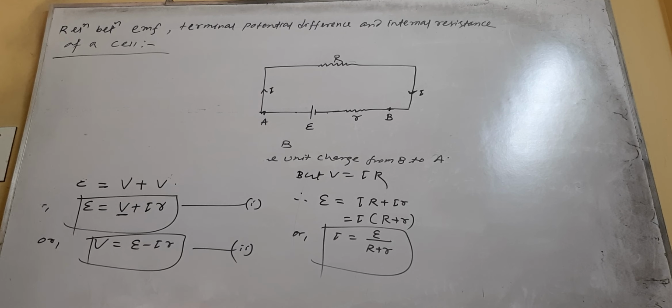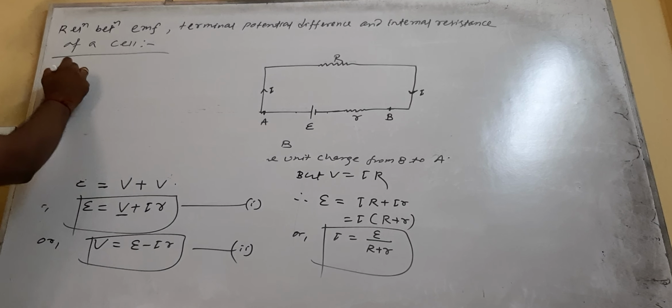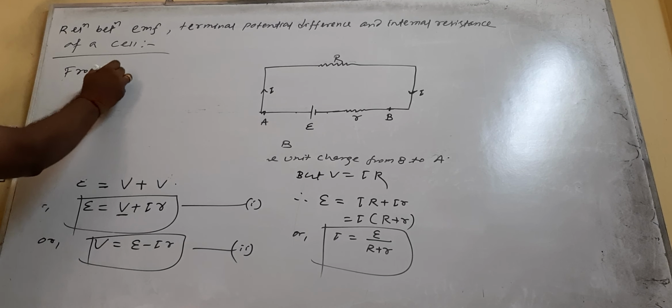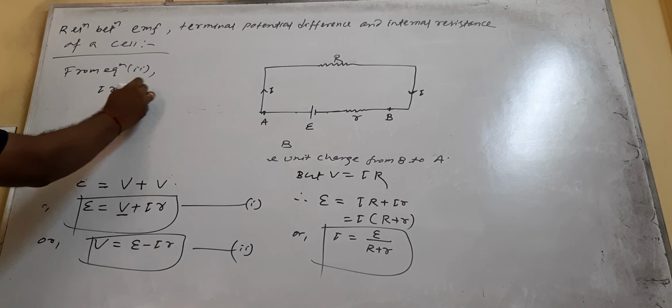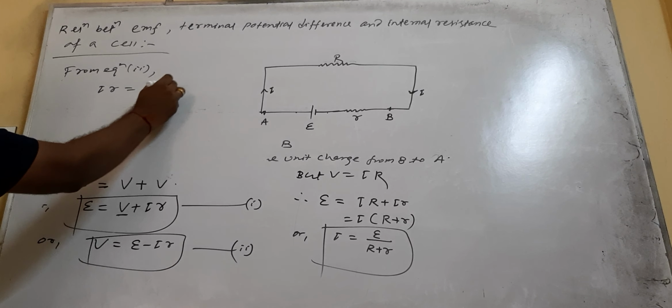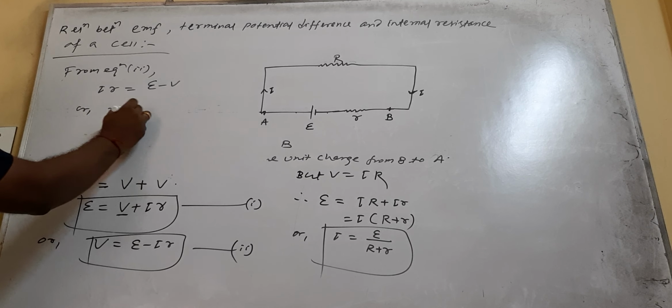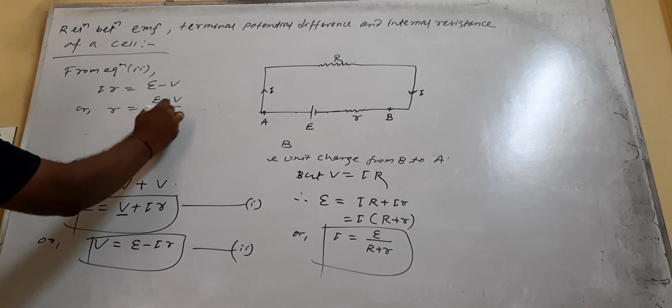So now, what is r? From equation 2, you can write Ir = E - V, or small r = (E - V)/I.